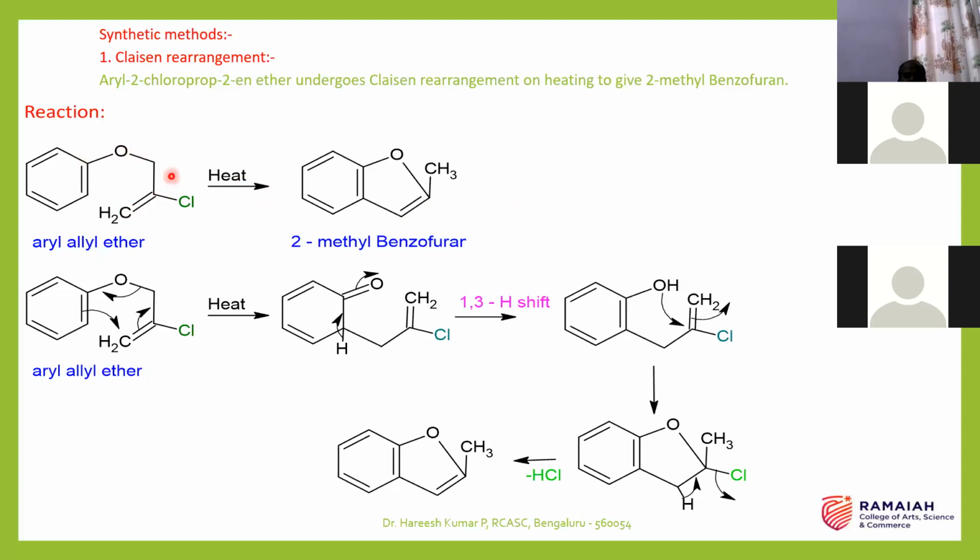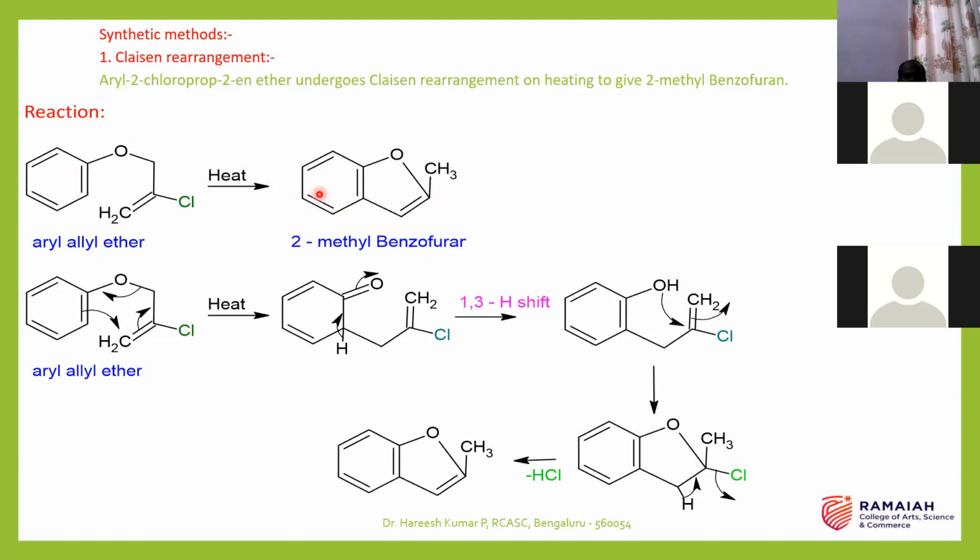I think this type of rearrangement you come across in pericyclic reactions, more particularly sigmatropic rearrangement. So just on heating, it cyclizes forming a 2-methyl benzofuran.